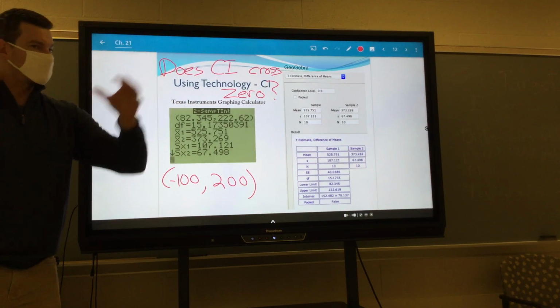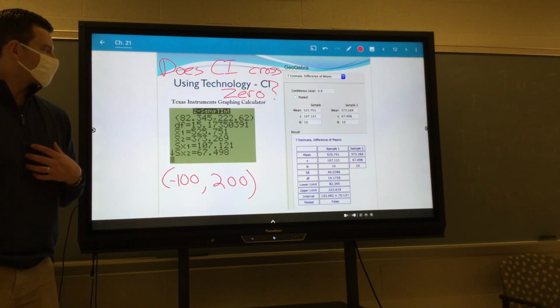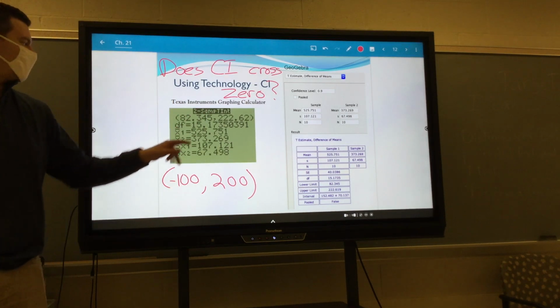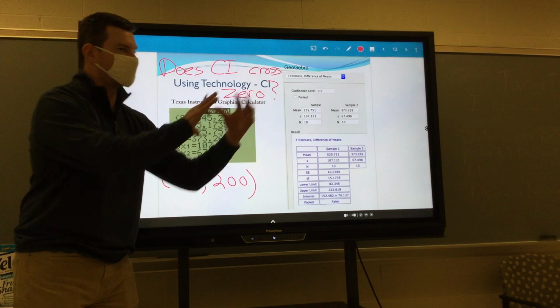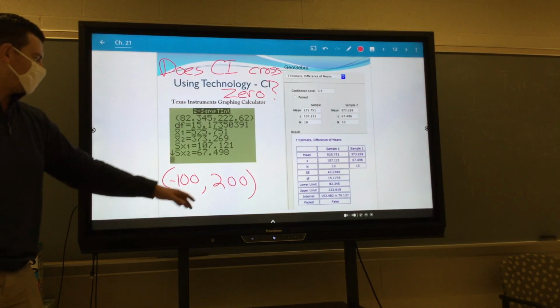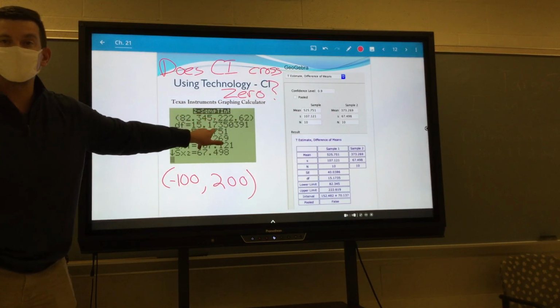We did big minus small, so we expect our values to be positive, and because it's completely above 0, we're saying that, well, 0 is not on this interval.